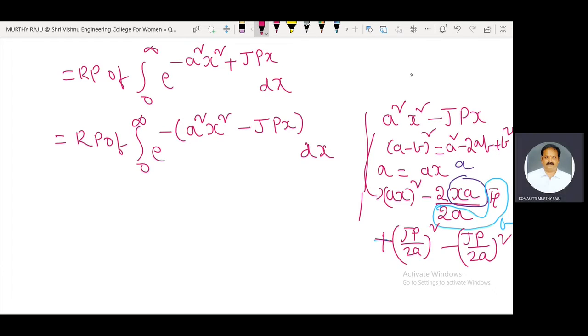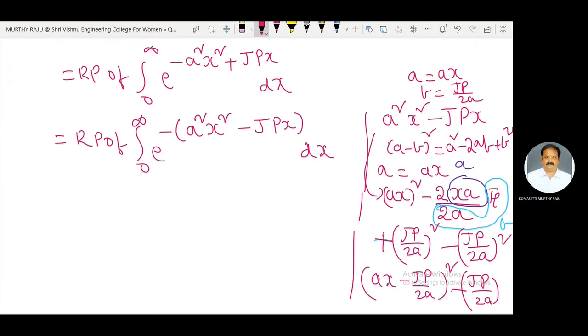From this one, a is equal to ax, b is equal to jp by 2a. The entire one is replaced with ax minus jp by 2a whole square minus the remaining term, jp by 2a whole square.